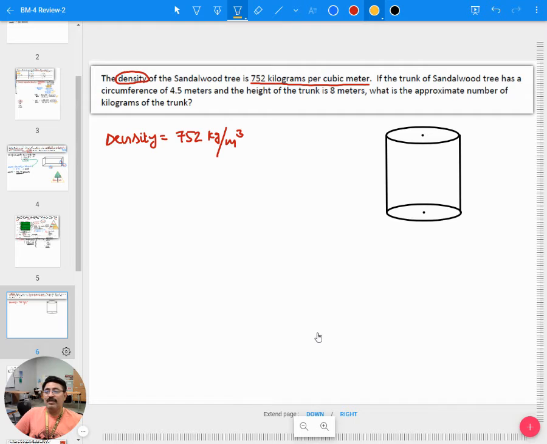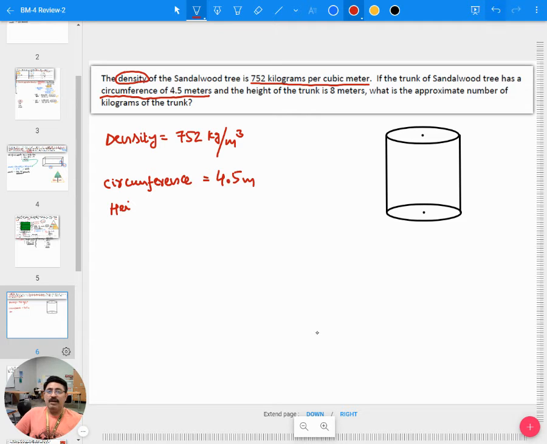Next, it is given that the circumference is 4.5 meters, and the height of the trunk is 8 meters.